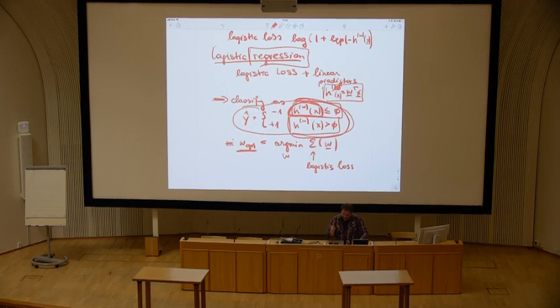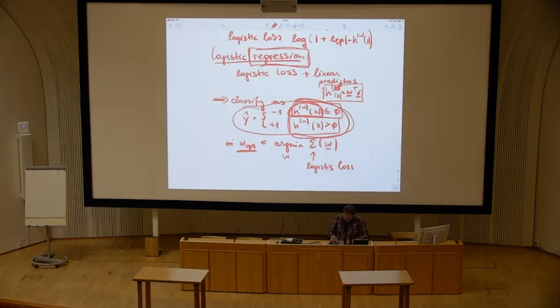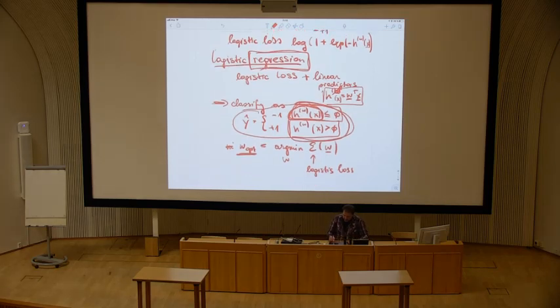And as I told you in the beginning, you should not overemphasize these terms regression and classification, because the distinction between them is very blurry. In the end, we are interested in a map from features to labels. And in logistic regression, we do this using first a linear map and then looking at the sign of the result of this linear map for the classification.